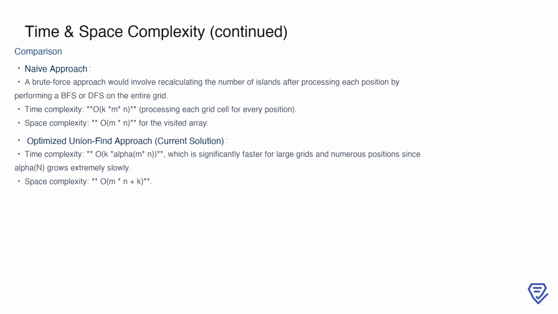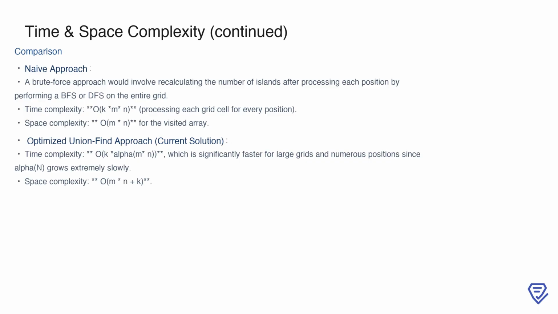It's useful to compare this optimized approach with a naive brute force alternative. In a brute force method, we would recalculate the number of islands after processing each position by performing a breadth-first or depth-first search on the entire grid. This approach results in a time complexity of O(k*m*n), as we would traverse the entire grid for every position, and a space complexity of O(m*n) for the visited array used during traversal.